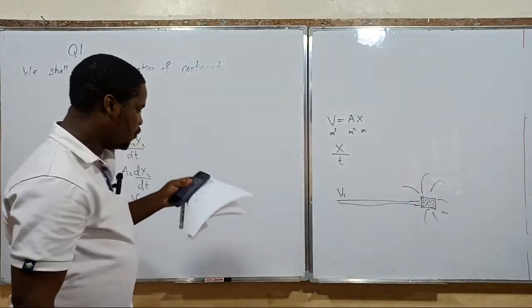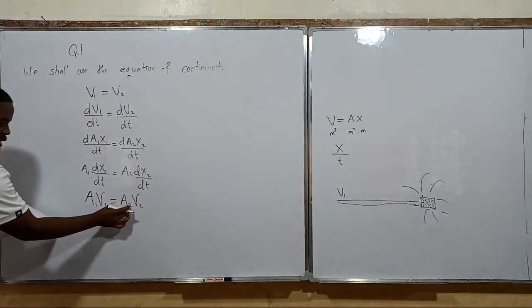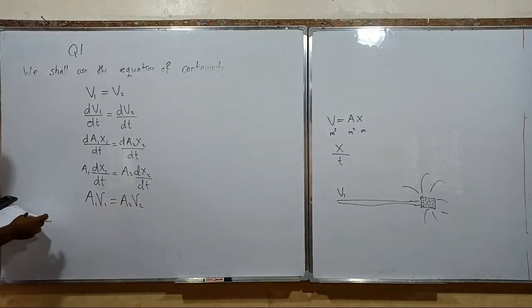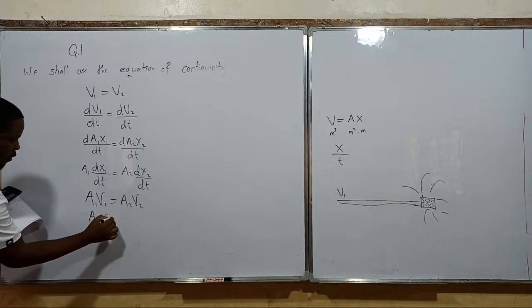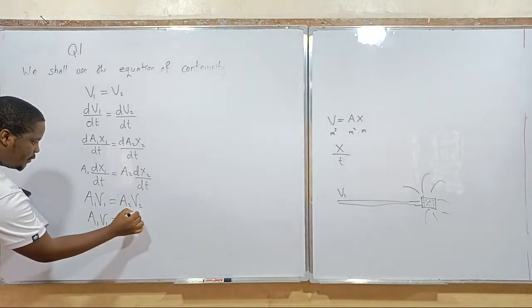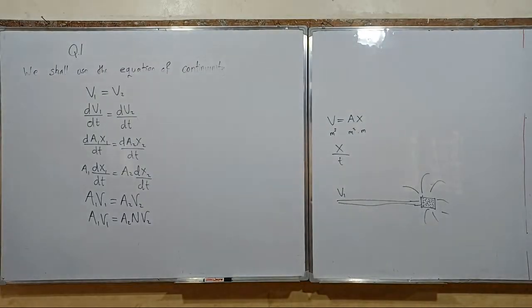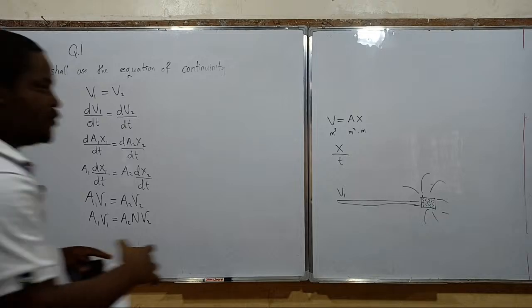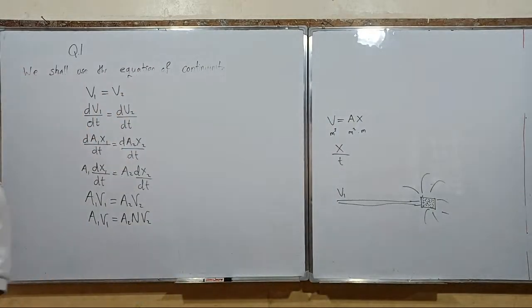So how many holes have we been given? We've been given 24. So the area, in this case, will change. We shall say area 1 velocity 1 is equal to area 2 times the number of holes, times velocity 2. The n that you see there is just representing the number of holes, the holes I'm talking about, these ones on the sprinkler. Okay.